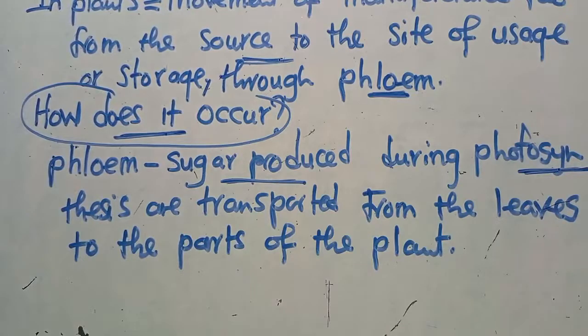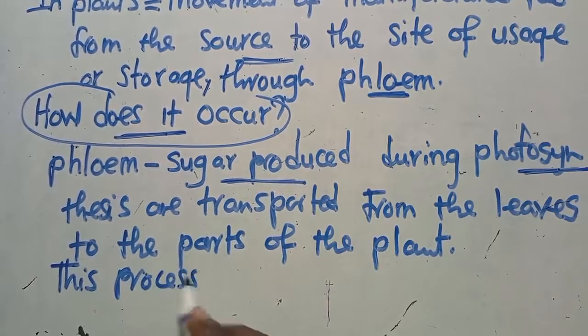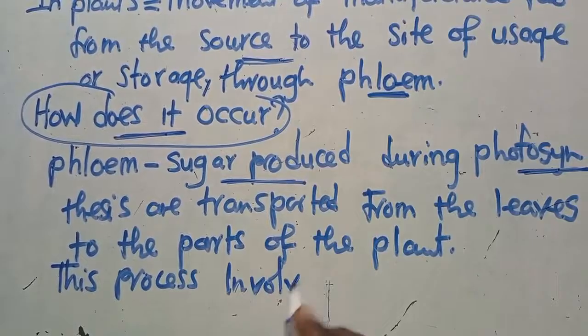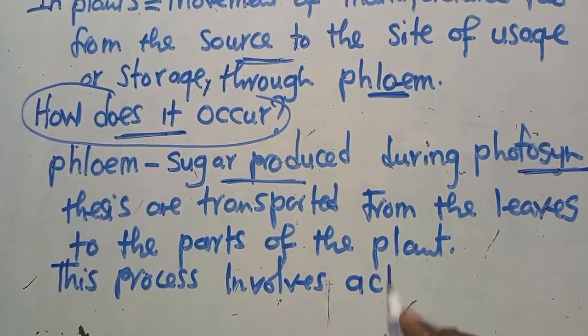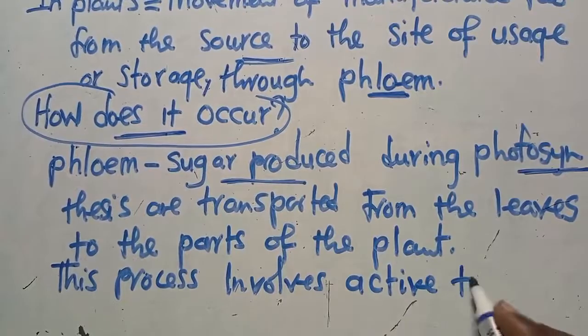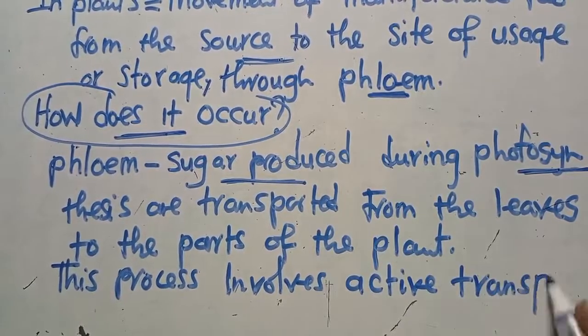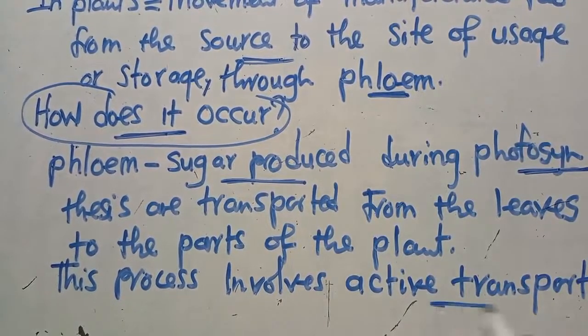For this to happen, this process involves what we call active transport. In active transport, energy is used to move the sugars and nutrients against a concentration gradient.